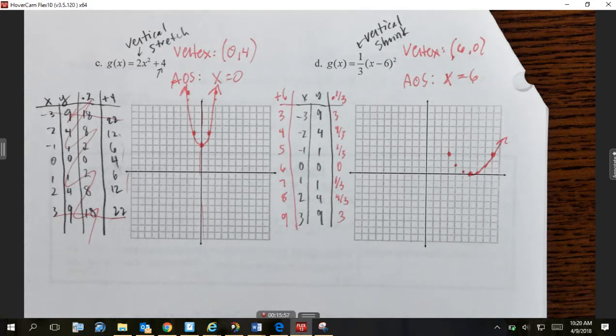Well, that'll give me -8 squared, which is 64, and then you have to divide by 3. That'd be 81 divided by 3 is 27.